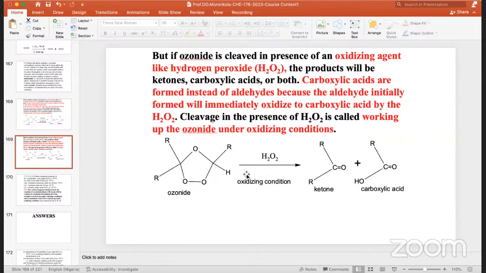So take cognizance of what condition follows the ozonide formation. Anytime there is cleavage in the presence of hydrogen peroxide, the working up of the ozonide is under oxidizing condition. So you will not observe aldehyde, but you will obtain carboxylic acid because of the further oxidation of the aldehyde.